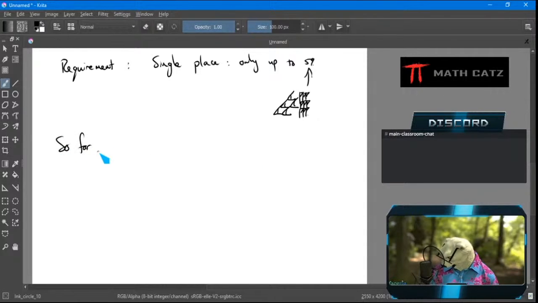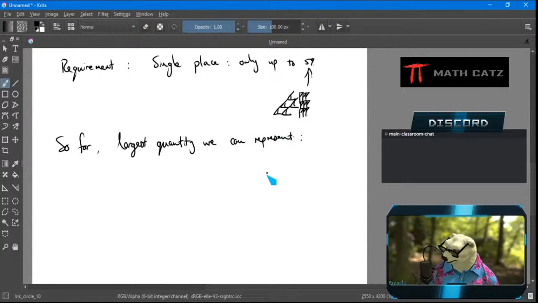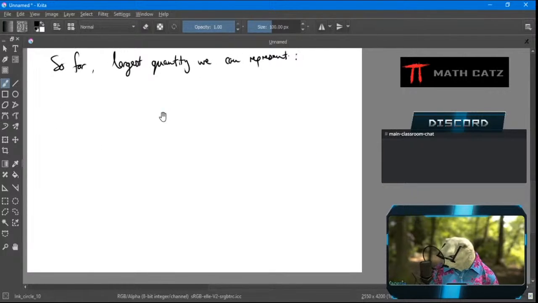So far, the largest quantity we can represent is going to be 59 groups of 60, a two-place number. 59, let me draw my ones here, space, and another 59, because in any single place, that is as high as I can go.